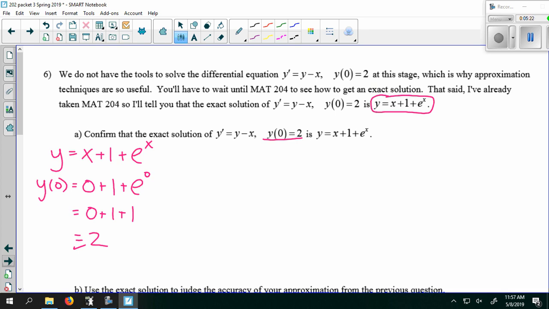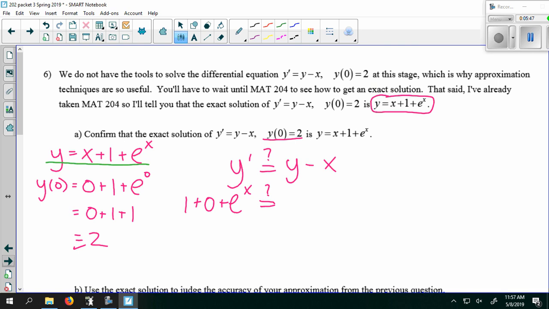To check the differential equation, I have to make sure y prime equals y minus x. So y prime, that's the derivative of y, the derivative of this formula that you were given. So the derivative of x is 1. The derivative of 1 is 0. The derivative of e to the x is e to the x.